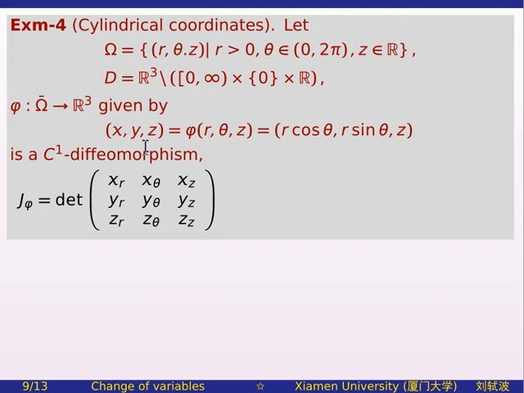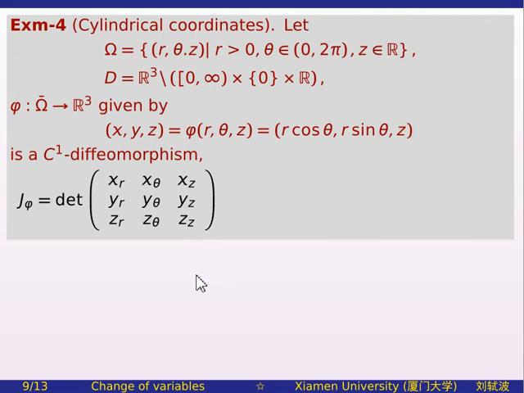The Jacobian determinant of this map is the determinant of the Jacobian matrix. For this map, the first column is the partial derivative of x, y, z with respect to r, the second column is with respect to theta, and the third column with respect to z.